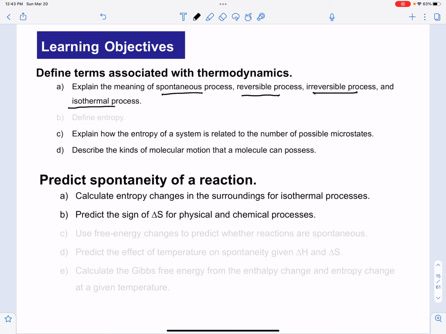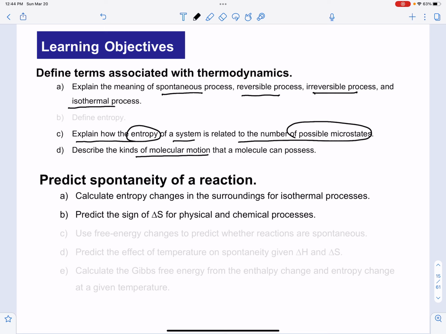We are going to see, like I mentioned, how we can relate entropy of the system to the different microstates, or all different possibilities of the system. And we're going to see how entropy is also affected by the molecular motion of different types of structures.